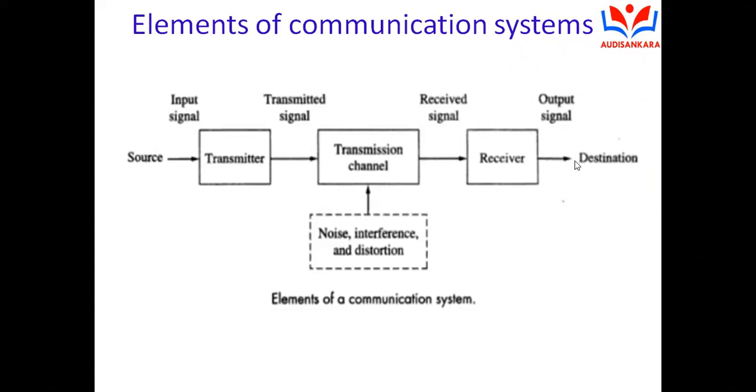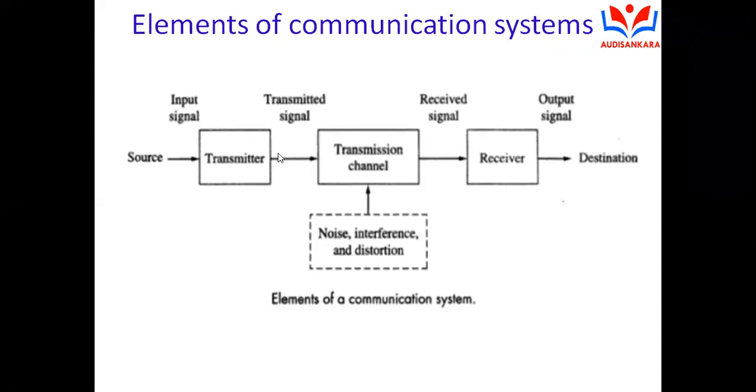The building blocks of a communication system are transmitter, transmission channel, and receiver. This transmission channel is a physical path between the transmitter and receiver.